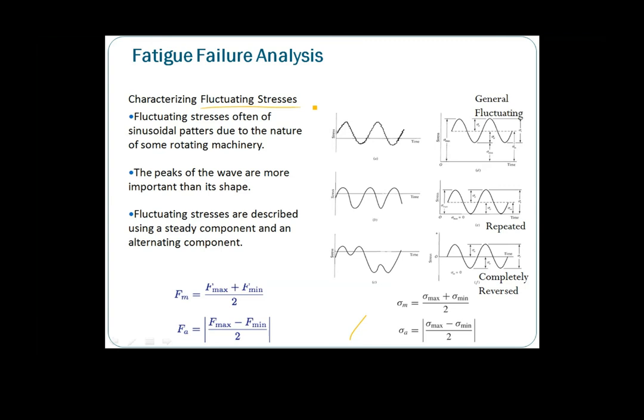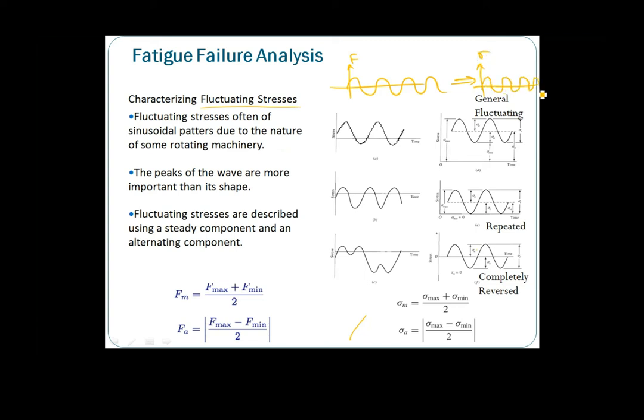Fluctuating stress is often a sinusoidal pattern because of the nature of dynamic loads caused by rotating machineries. So usually it is sinusoidal. If you have a dynamic load, if this is your F load or P, then it will give you stress that is also dynamic. Right?